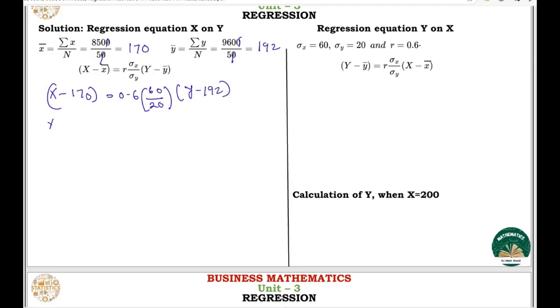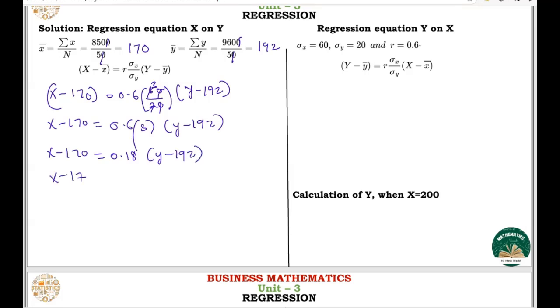So here x minus 170 will be 0.6 into, 0 and 0 cancel, it is 3. So it will be 3 into y minus 192. If you multiply, x minus 170 equals 0.18, 6 threes are 18, into y minus 192. So x minus 170 will be 0.18 y minus 192.